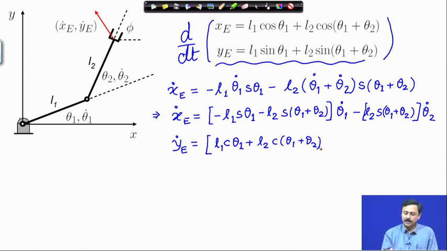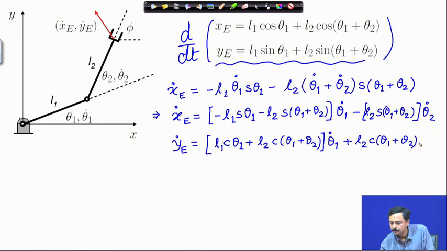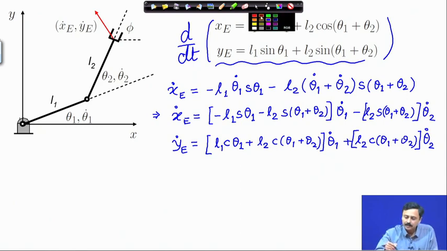I have abbreviated cosine as C. So, this times theta 1 dot plus the other term. These are the two relations that I obtain.